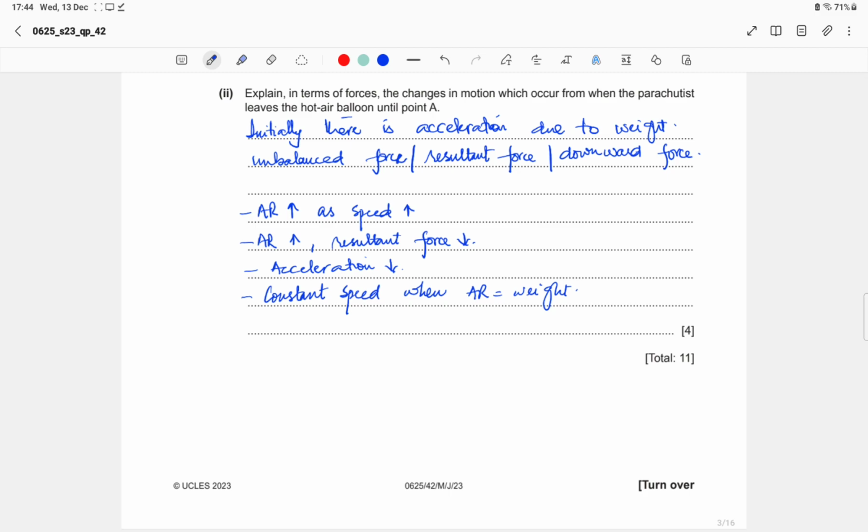There are a few other things you need to understand: the air resistance increases as speed increases. So when air resistance increases, the resultant force is going to decrease, and acceleration also decreases. Again, the concept of terminal velocity will come: when the air resistance is equal to the weight, there will be a constant speed.